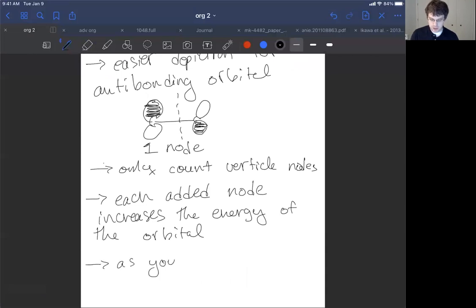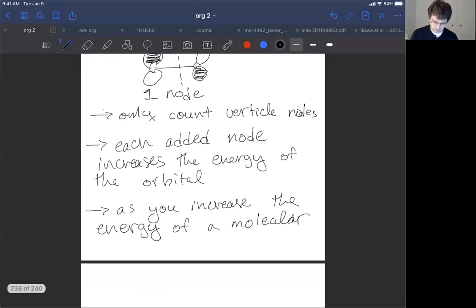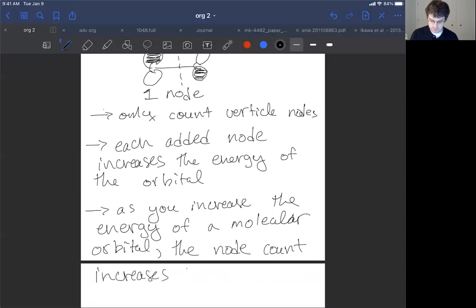as you increase the energy of a node, or excuse me, of an orbital, and it's a molecular orbital, the node count increases by 1.